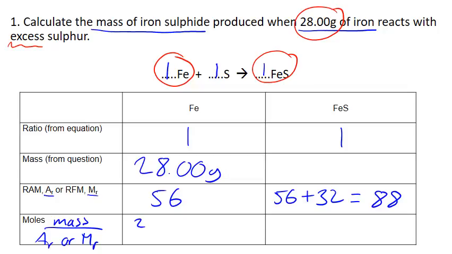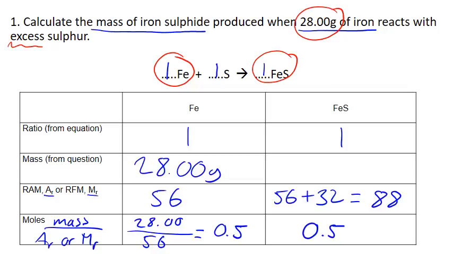So I'm going to divide 28 grams by the atomic mass, which is 56, which is going to give me 0.5 moles. Again, looking up to the equation or the ratio from the equation, 1 mole of iron will react to make 1 mole of iron sulfide, but I'm not using 1 mole, I'm using 0.5, so that means that on that 1-to-1 ratio, 0.5 moles of iron will produce 0.5 moles of iron sulfide.